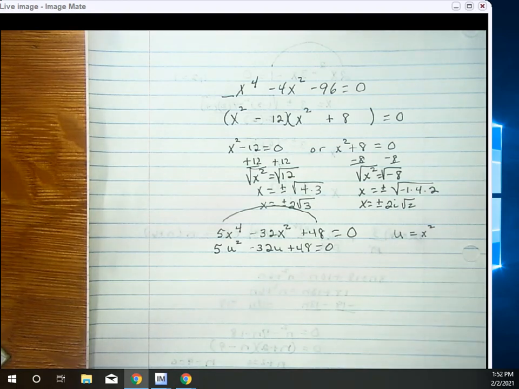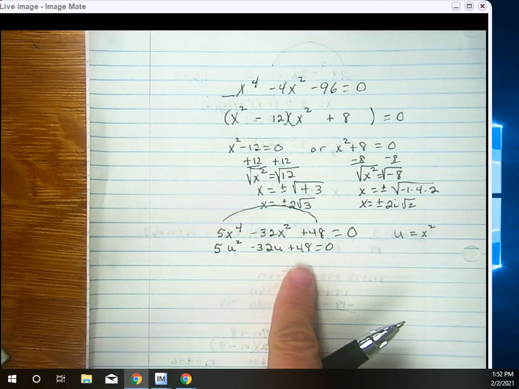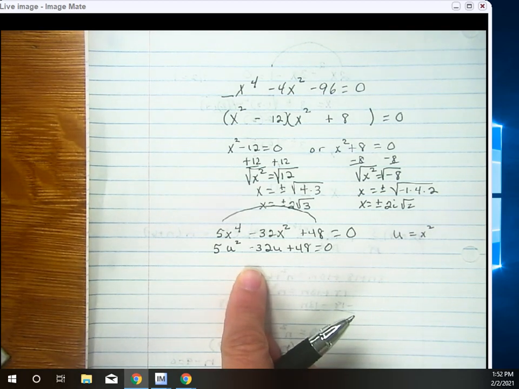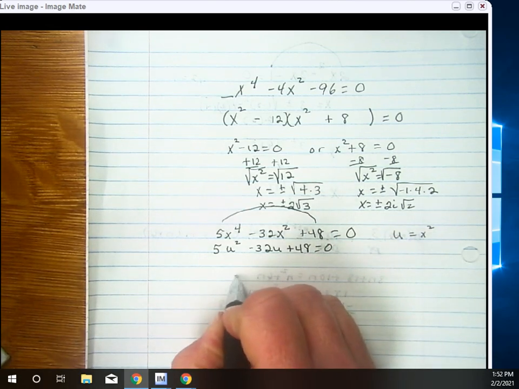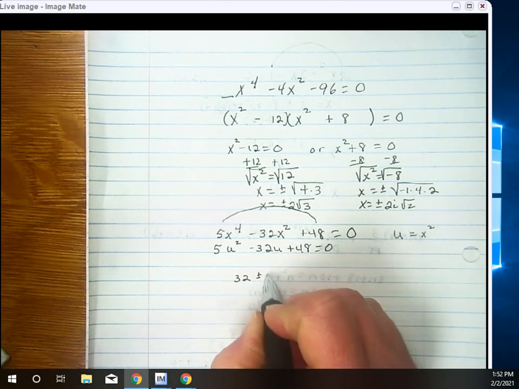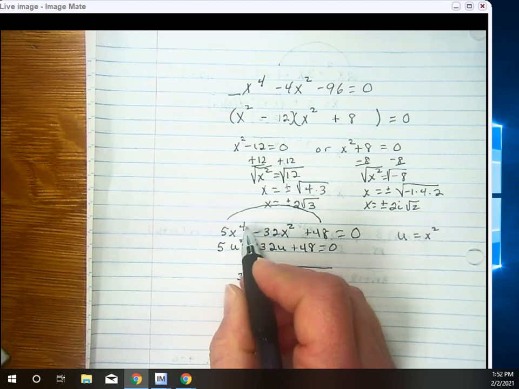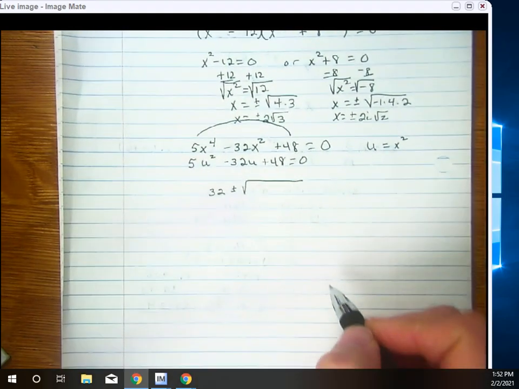There are no factors of 5 times 48 that are going to add to give you -32. So I use the quadratic formula, because now I've got a square instead of a quartic.